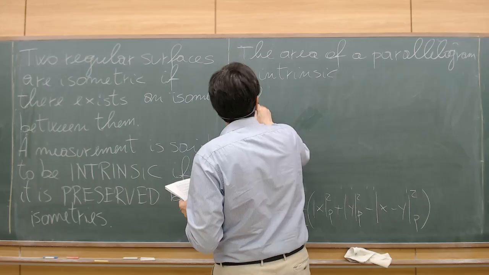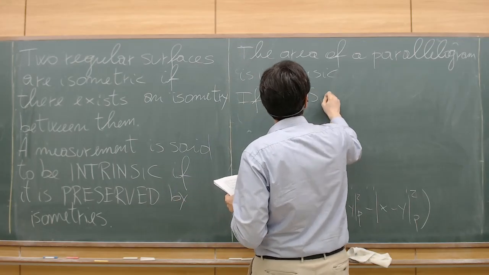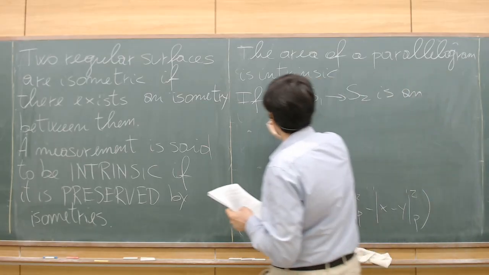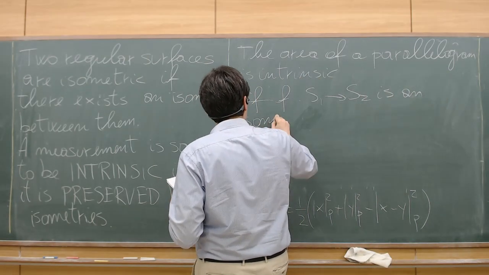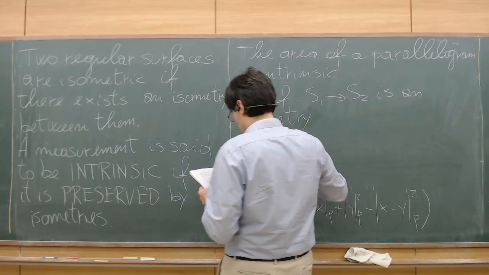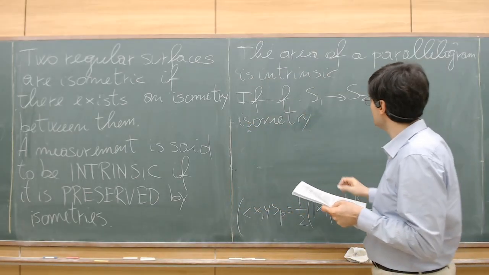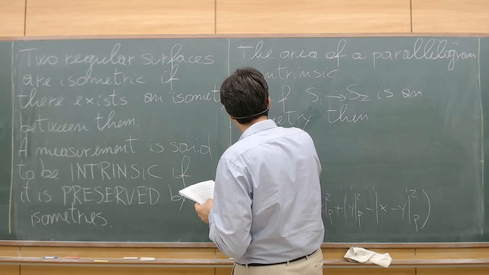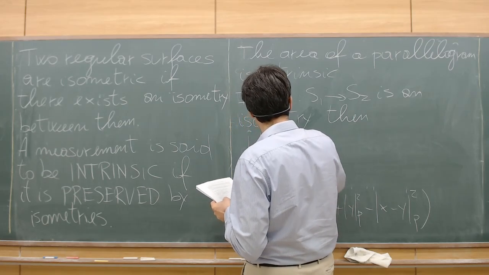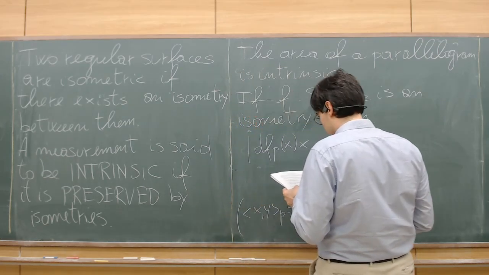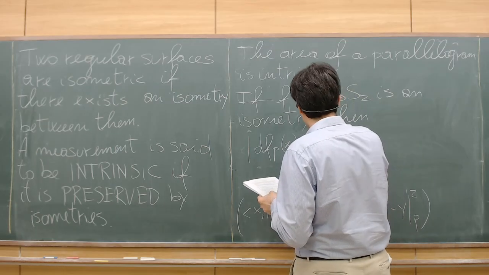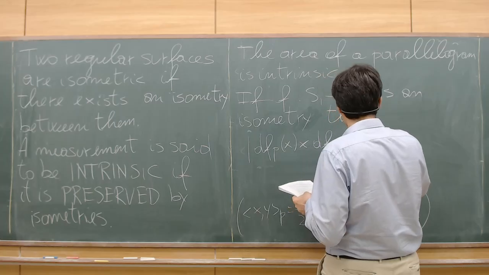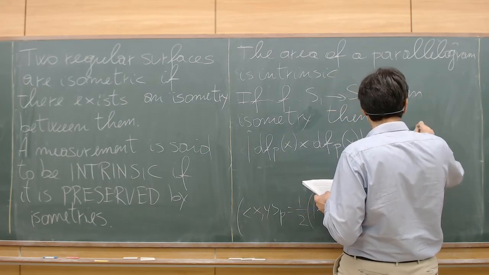If F from S1 to S2 is an isometry, then it is true that dFp(x) cross product dFp(y) has the same length as x cross y.